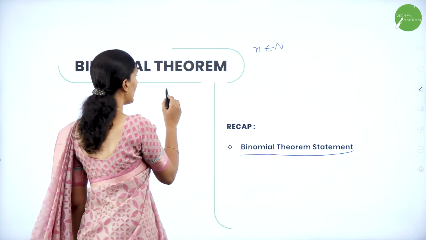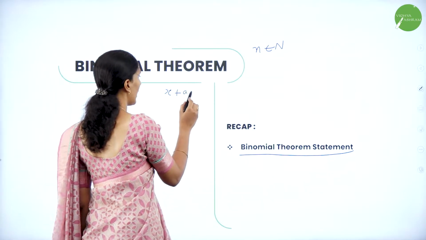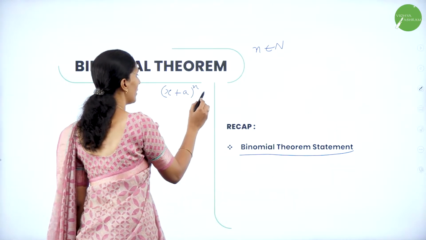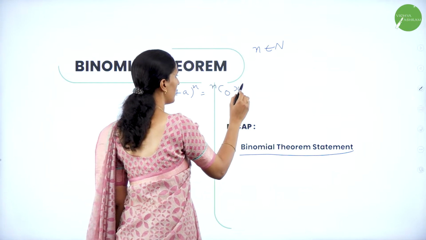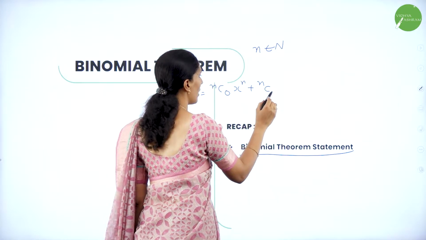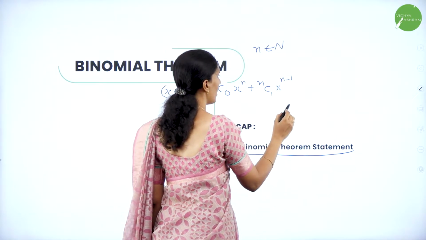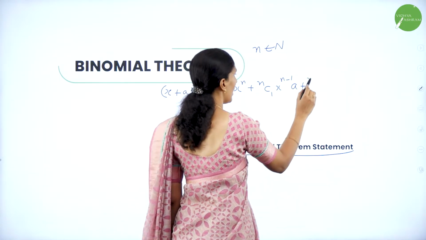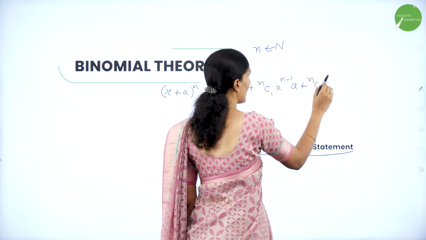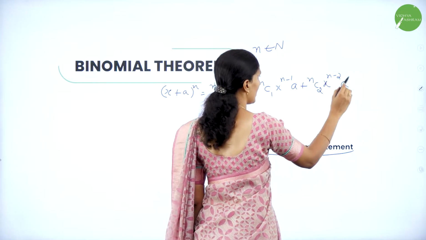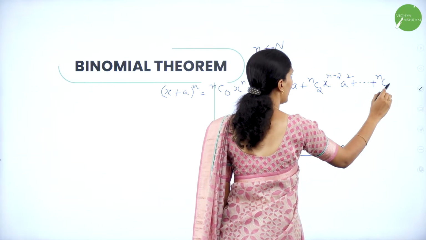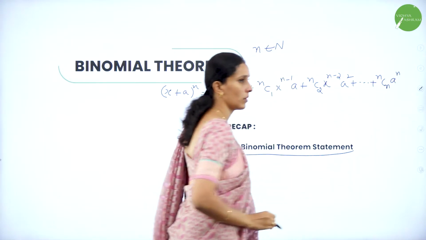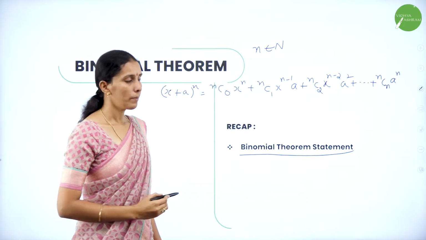Then any binomial expansion (x + a) whole power n can be written as nC0 x power n, nC1 x power n minus 1 a, nC2 x power n minus 2 a square plus etc., nCn a power n.